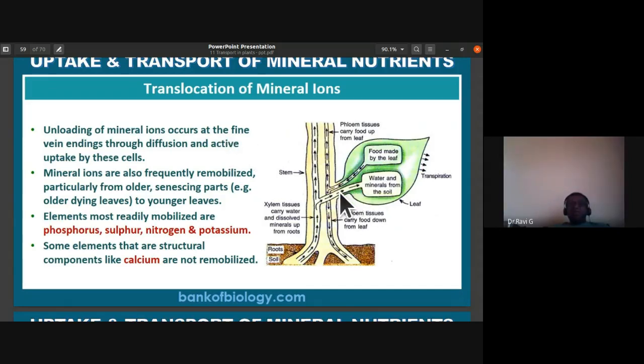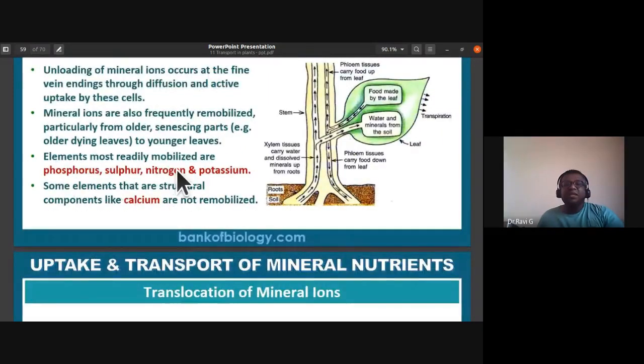So the unloading is taken up at the fine vein endings through diffusion and active uptake by these cells. Okay, mineral ions are also frequently remobilized from the older leaves, the dying out, older senescing leaves, and the remobilized ions are utilized by younger leaves.